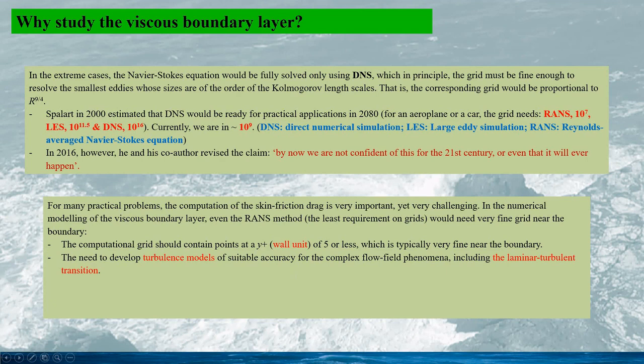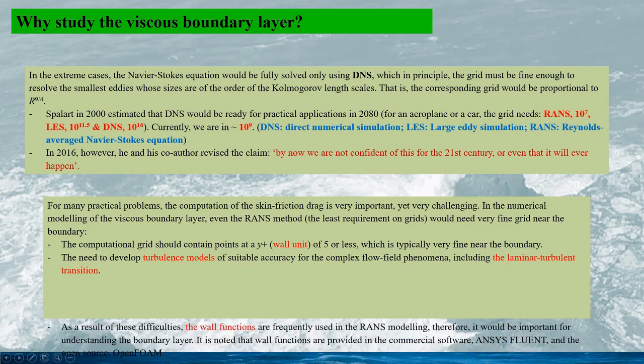Another issue is that in the boundary layer, complicated processes are involved in the transition from laminar to turbulent, from low Reynolds number to high Reynolds number. Relatively, the confidence of turbulence modeling is high only for flows of high Reynolds number.